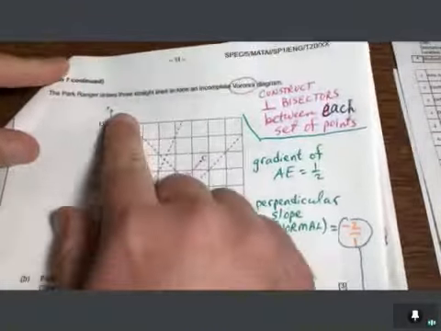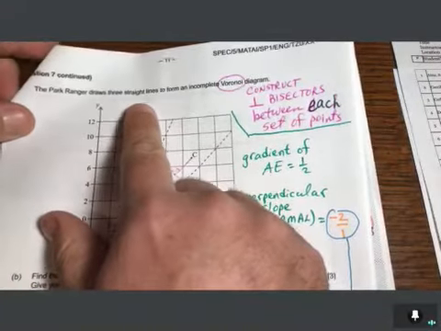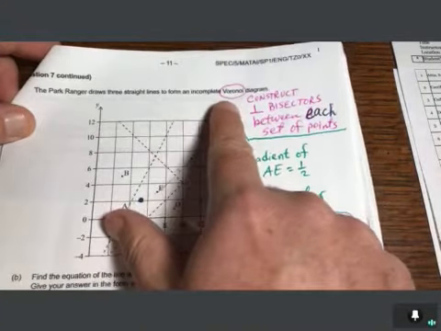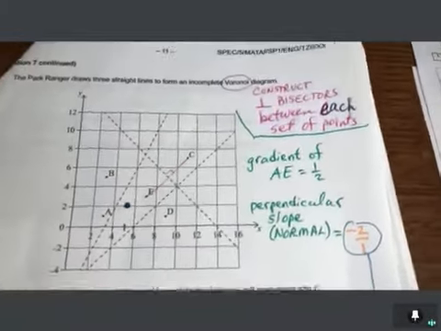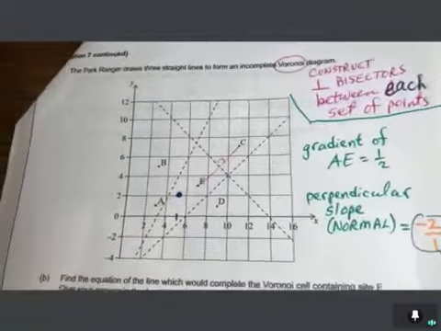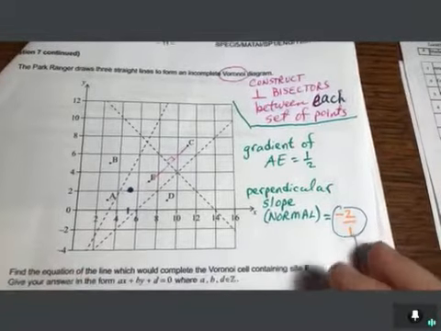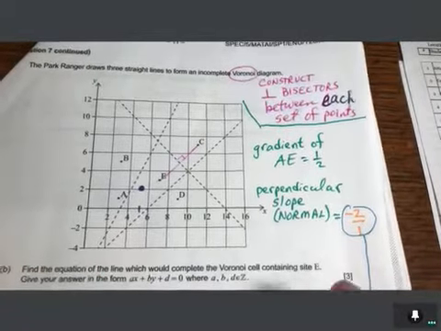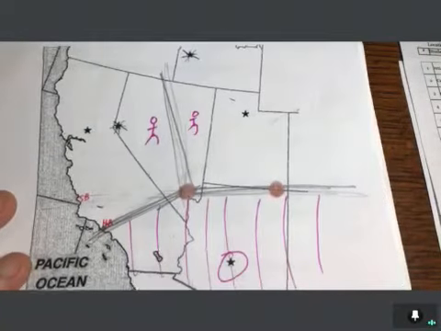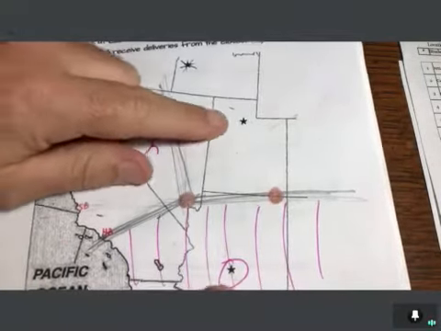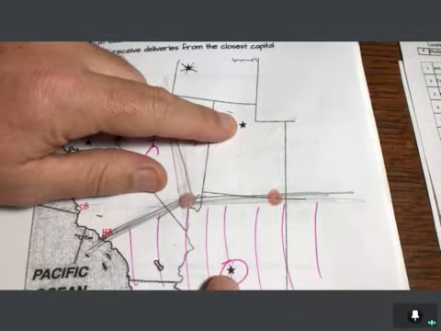So, the park ranger draws 3 straight lines to form an incomplete Voronoi diagram. Here is the brand new word that I've never heard of up until this, and you probably never heard of it either. But just to go back to this, a Voronoi diagram is created by taking the perpendicular bisector between any 2 points.